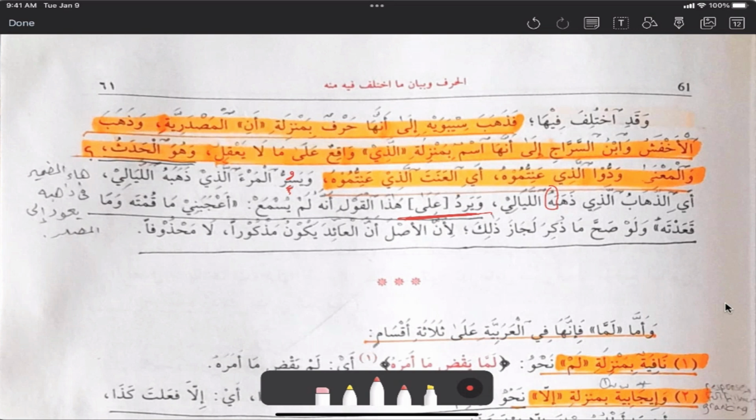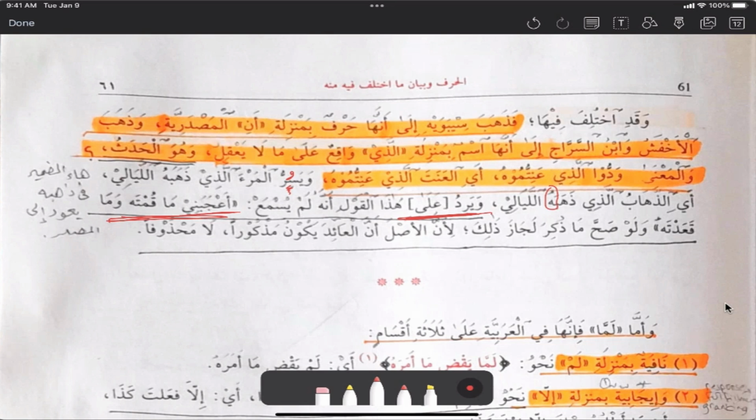وَيَرِدُ عَلَى هَذَا الْقَوْلِ, and an answer that comes for this second saying, that it's not a particle, أَنَّهُ لَمْ يُسْمَعْ, is that it wasn't heard in Arabic. Anyone saying أَعْجَبَنِي مَا قُمْتَهُ وَمَا قَعَدْتَهُ to mean "I liked your sitting." أَعْجَبَنِي أَن قُمْتَ, that's clear.